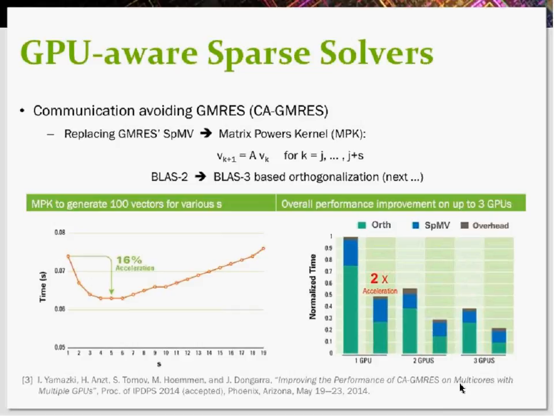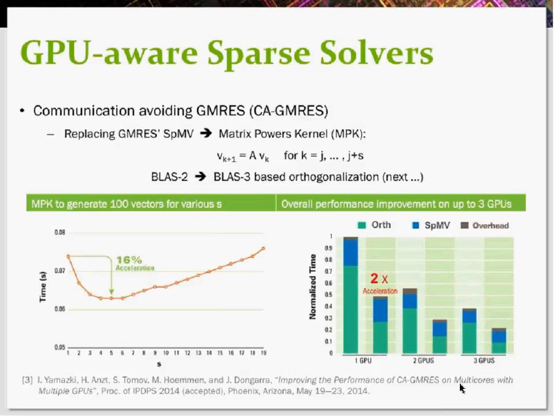This result that we have recently, based on how many vectors we group together, gives some kind of acceleration. So in this case, you get an acceleration of 16%, and we group in this case 5 of those vectors together.